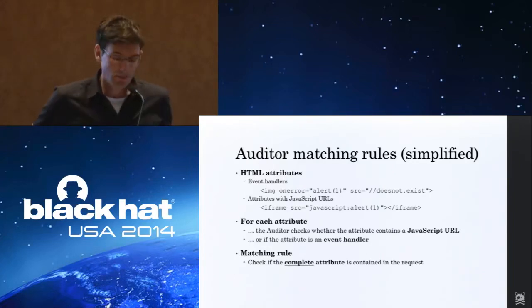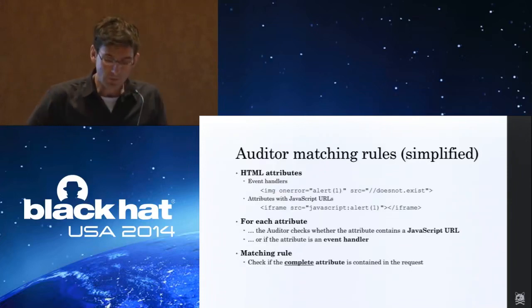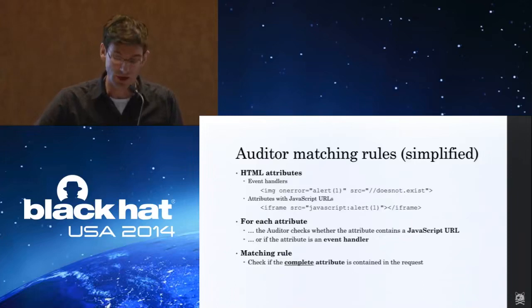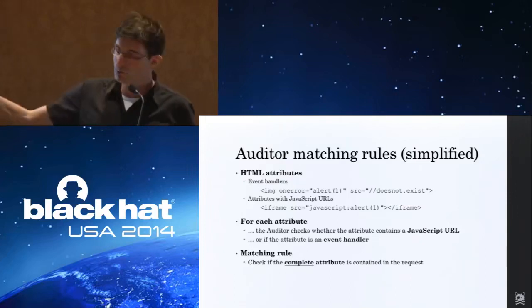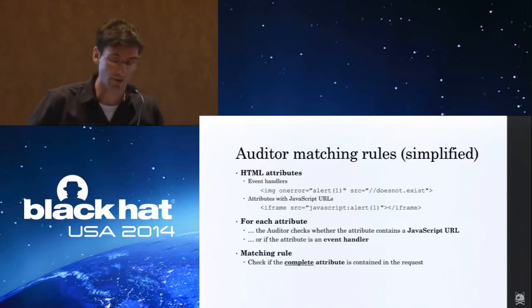And for all these attributes, the auditor checks, and here's the difference, if the attribute contains either a JavaScript URL, so in this case the JavaScript URL itself is checked in the request, or the event handler. And the matching rule is that the complete attribute has to be contained in the request.